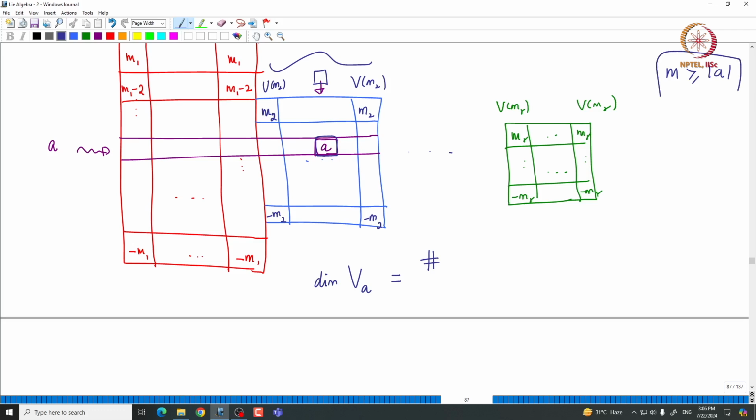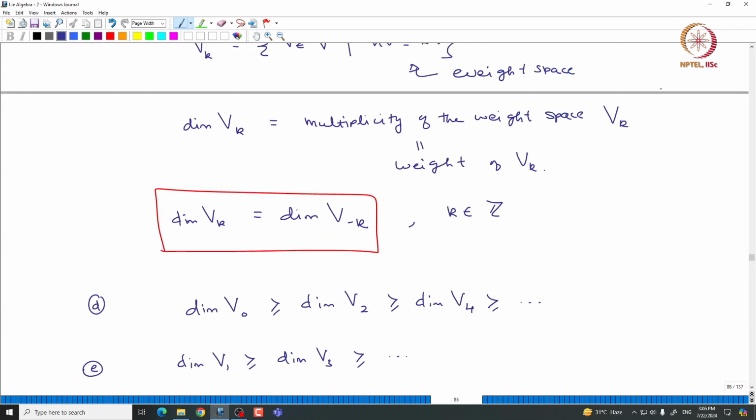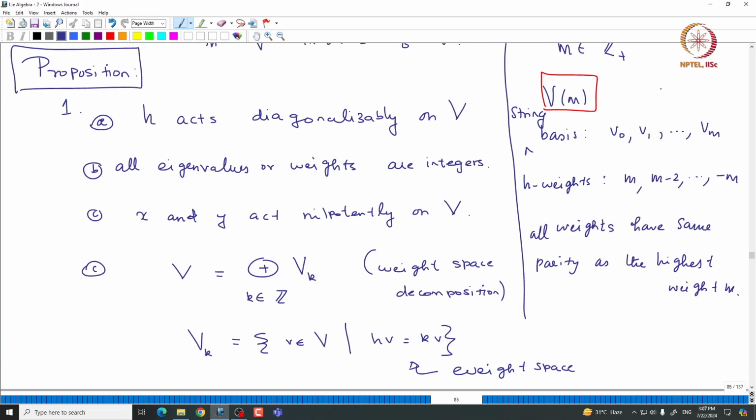So, that is the first condition. And then as we observed, all the weights that occur inside a given irreducible module have the same parity as m. So, if we take any weight that appears inside this irreducible module V m, that should have the same parity as m.